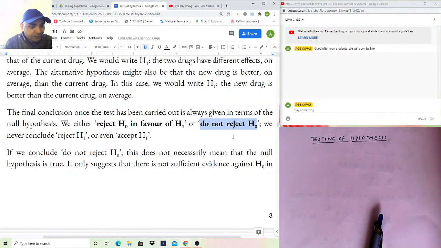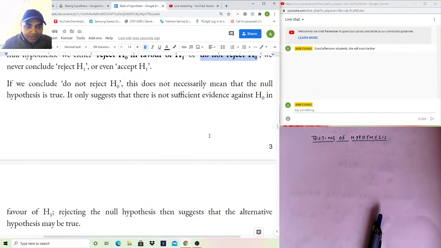So if we conclude do not reject the null hypothesis, this does not necessarily mean that the null hypothesis is true. It only suggests that there is not sufficient evidence against the null hypothesis in favor of the alternative hypothesis. Got my point?